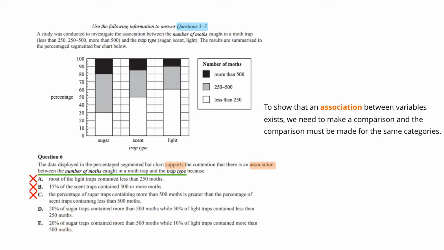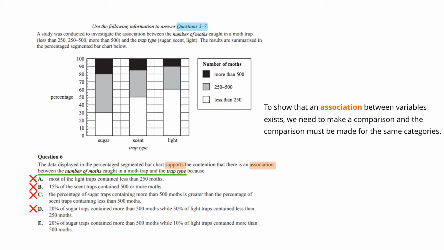In option D, 20% of sugar traps contained more than 500 moths, while 50% of light traps contained less than 250 moths. Again, the comparison exists, but the comparison is between different categories. More than 500 for the sugar traps and less than 250 for the light traps. So we can cross out option D as well.